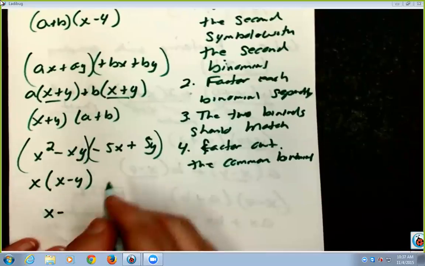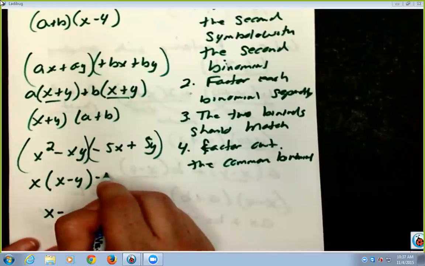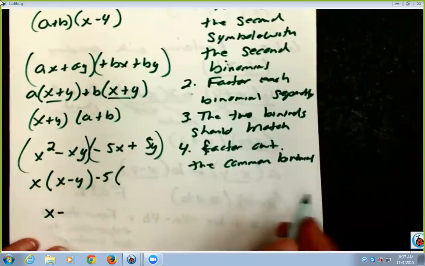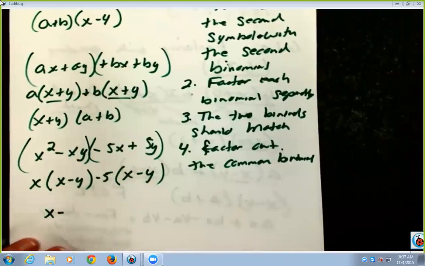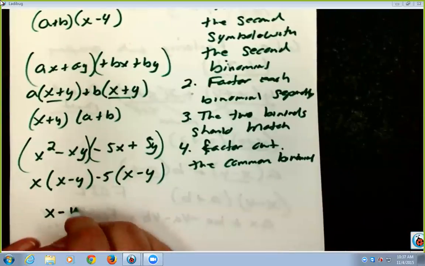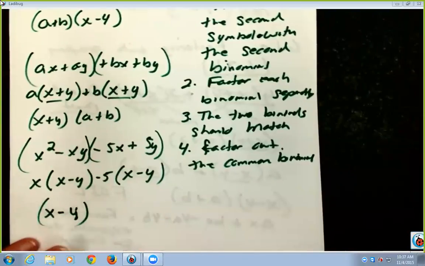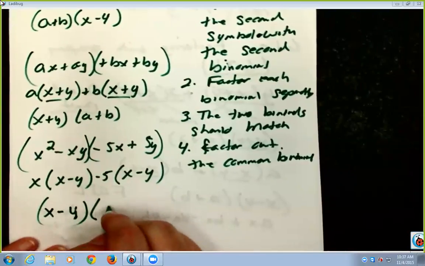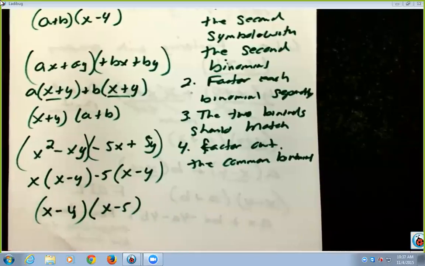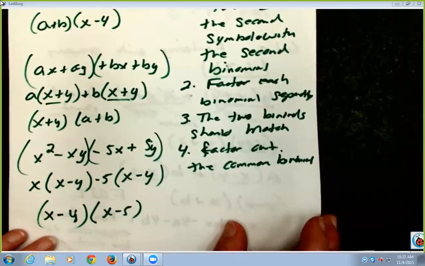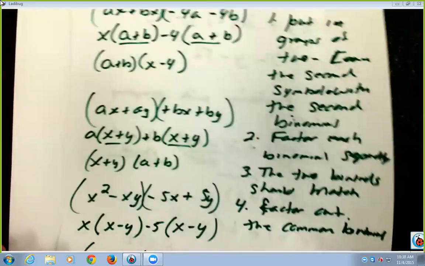Okay. And the other one? Minus 5. Okay, yeah. So when I break it apart, I get x minus y, and I get x minus 5. Okay? We're good? Need to do more of those? Or you think we're okay?